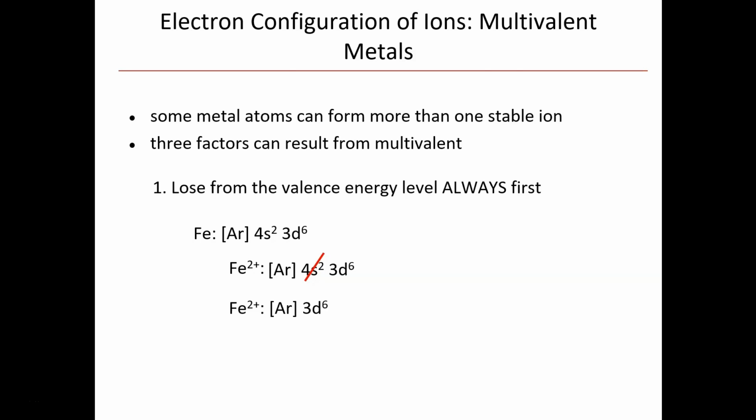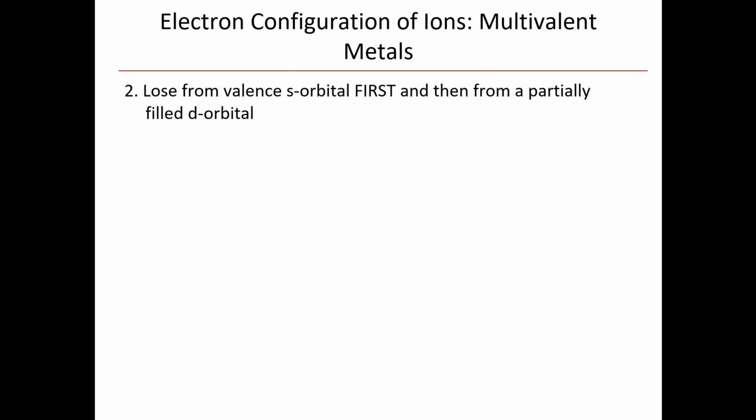The second way that we can form a stable ion for my multivalent metals is that I first lose from my valence s orbital, and then I can lose from a partially filled d. So for example, now if I have my iron, we know that iron can form a valence of 3+.